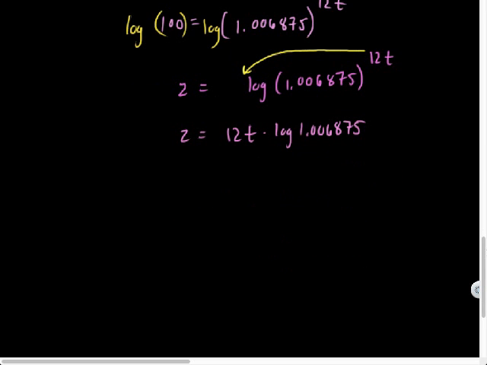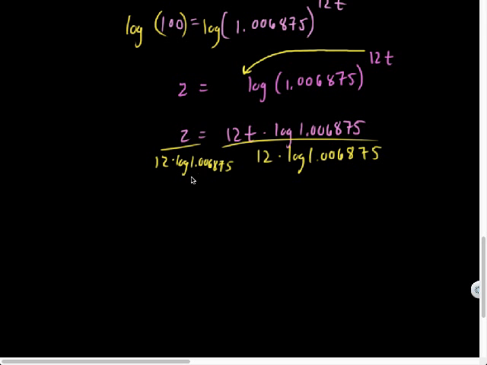And to solve for t, remember 12 and log of this thing are just numbers, so I'll just divide both sides by 12 times the log of 1.006875. Are you guys getting sick of writing 1.006875 yet? So I'm going to end up getting t equals 2 divided by that.